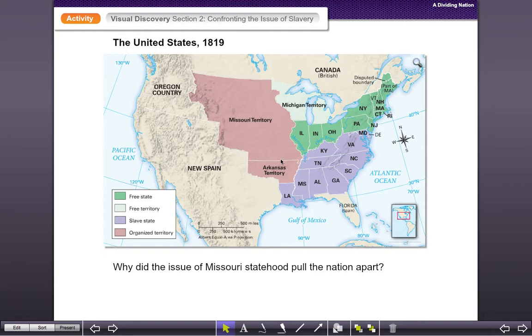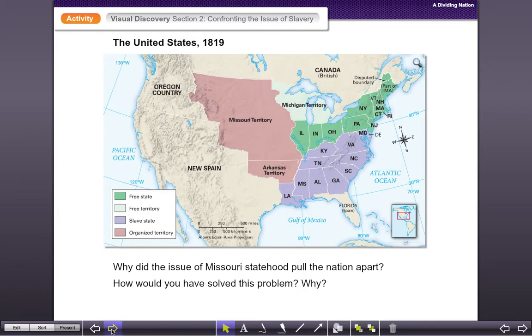So I imagine that would create a lot of debate. So once Missouri comes in, we have to determine. Northern states are going to say we want Missouri to be a free state, whereas southern states would say we want Missouri to be a slave state. So slavery, again, is the issue.